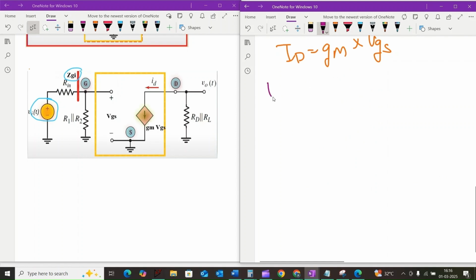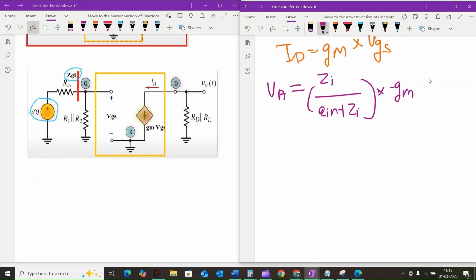If we consider both, the voltage gain AV is equal to ZI divided by Rin plus ZI into minus GM into RD parallel to RL.